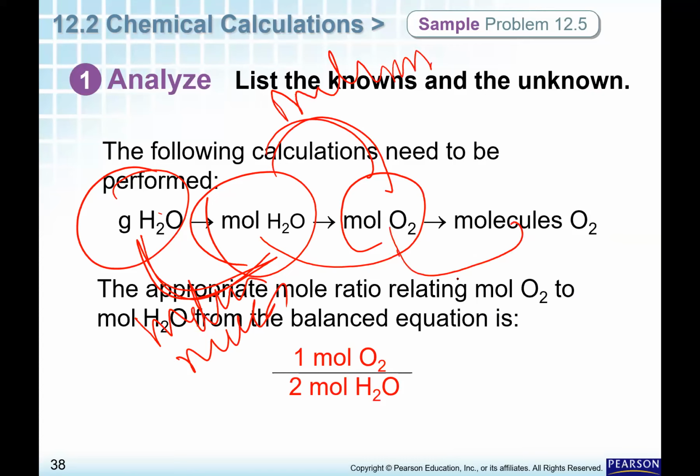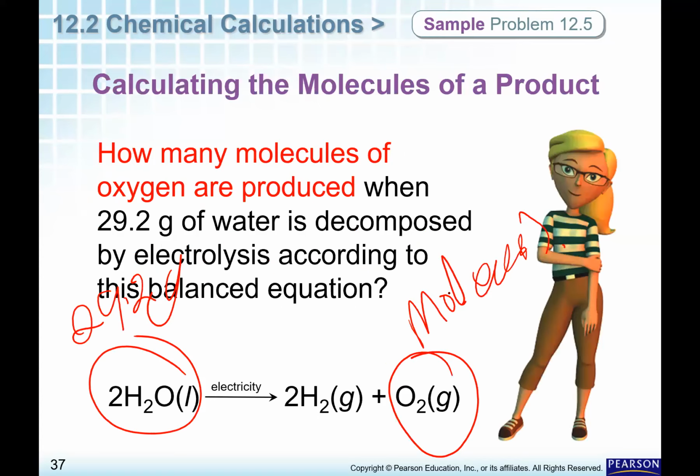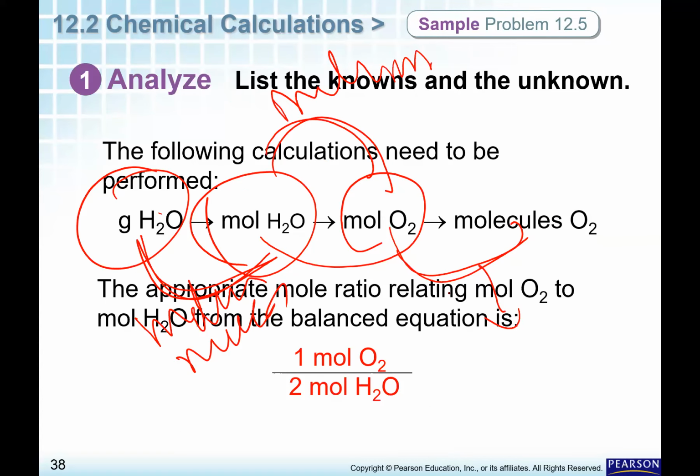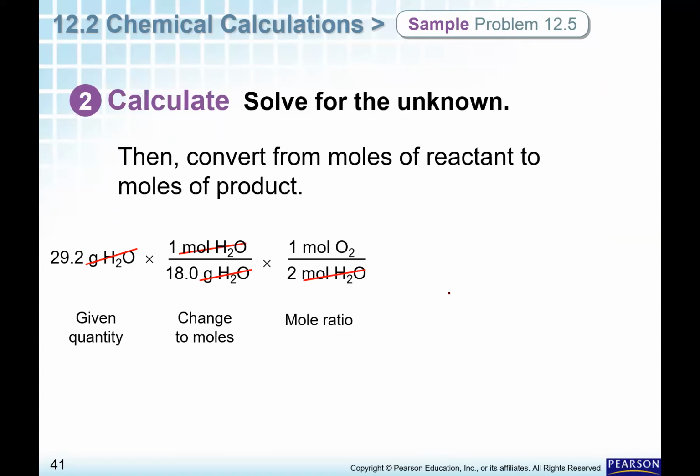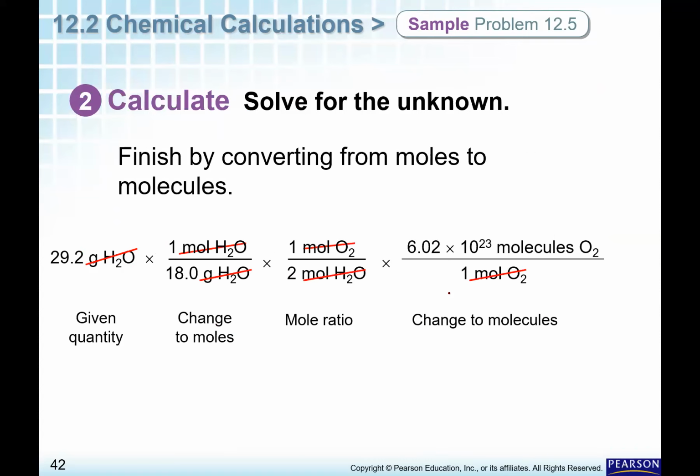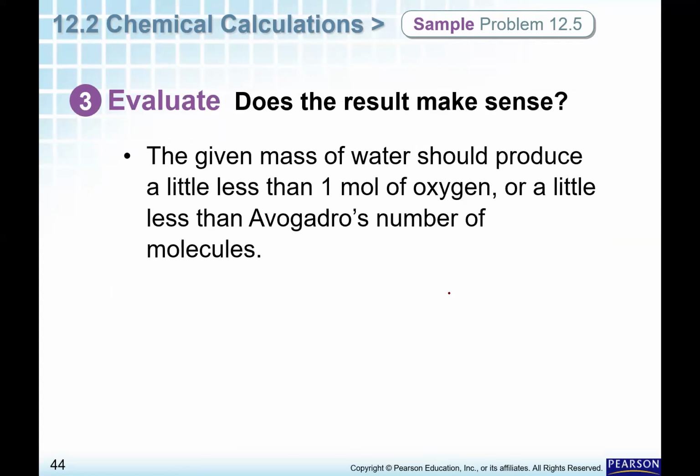To go from moles to molecules, we need Avogadro's relationship, which is 1 mole contains 6.02 times 10 to the 23 molecules. So it's going to be like this: grams into moles, moles into moles, and then back into molecules, and this is going to be your answer. Okay, taking more examples.